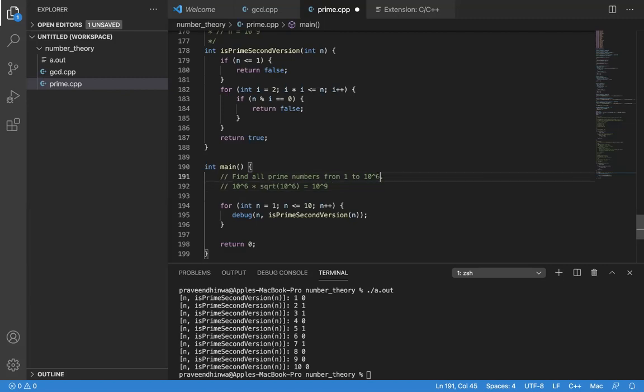Suppose instead we went till 10 power 7. This number is much larger. How much is 10 power 7 times square root of 10 power 7?